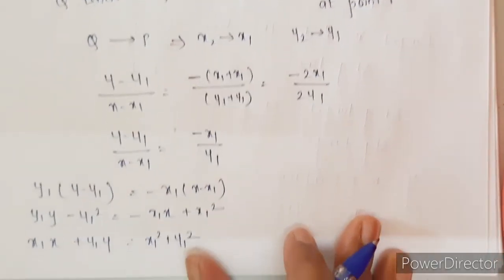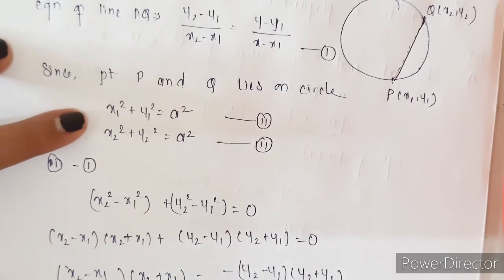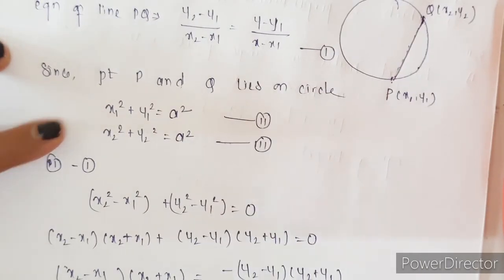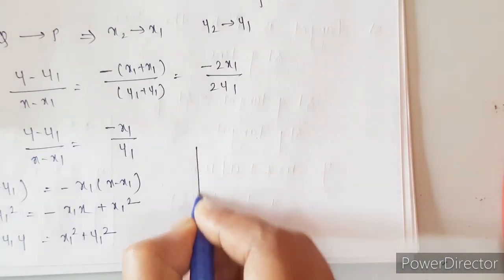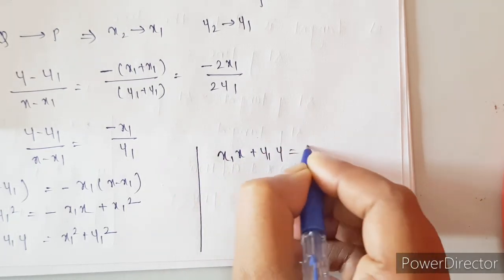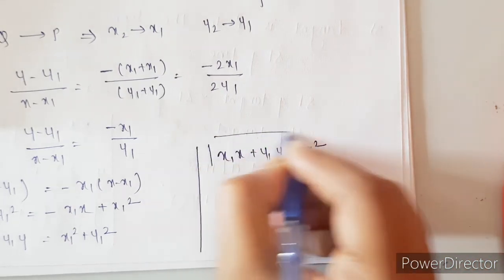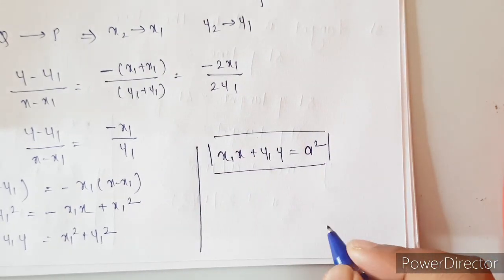And we know that x1 square plus y1 square is nothing but a square, since x1 and y1 satisfy the equation of the circle from equation 2. So we can write this as x1x plus y1y equals a square. So this is the required equation.